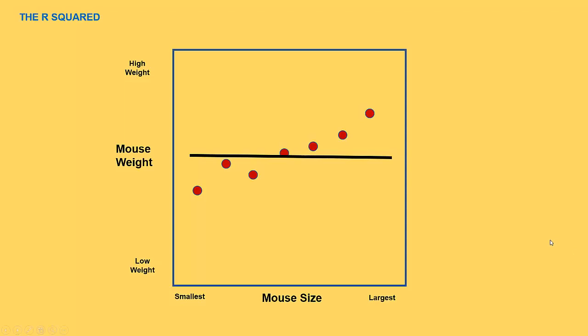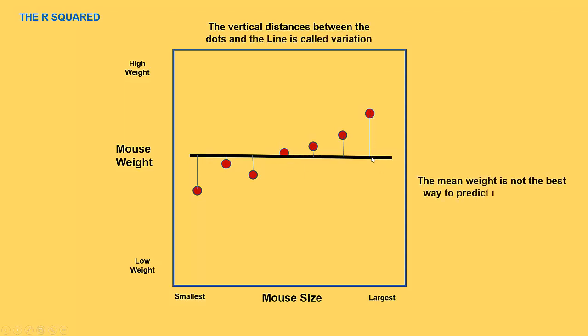And to know how much information this model can get from the data, we will find the vertical distances from the data to the line. These vertical distances are called variation. So we can observe here there is greater variation of the data from the line.